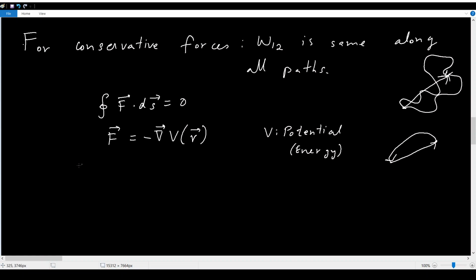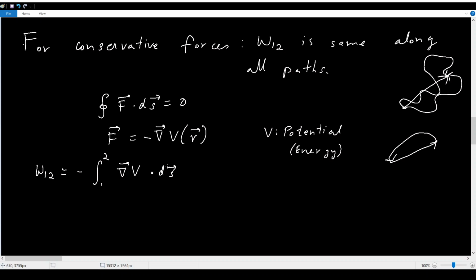So for such forces where the work done is the same along all paths, we had the integral of the force, which is minus del v dot ds, from point 1 to point 2.